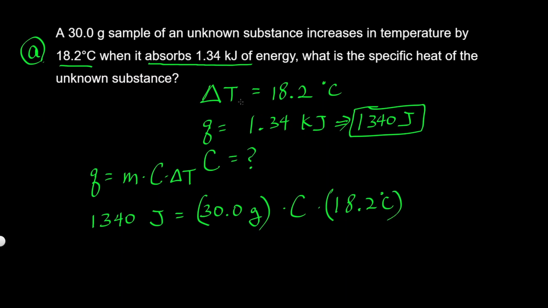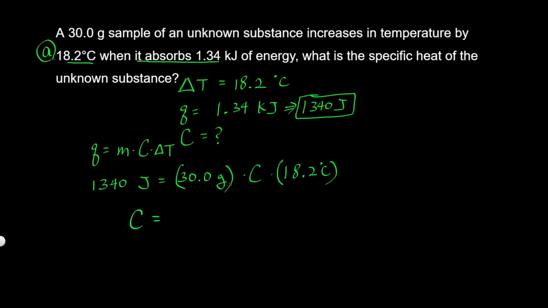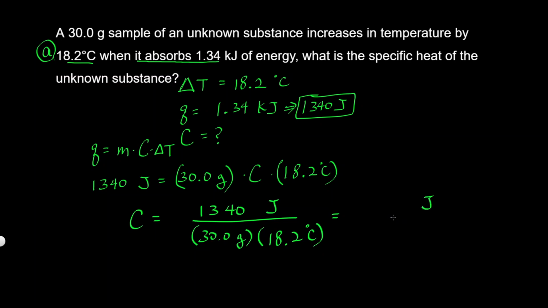Okay, let's solve for C here. So C is going to be dividing these two numbers: 1340 joules divided by 30.0 grams, also divided by 18.2 degrees Celsius. So our unit is going to be joules over grams over Celsius.